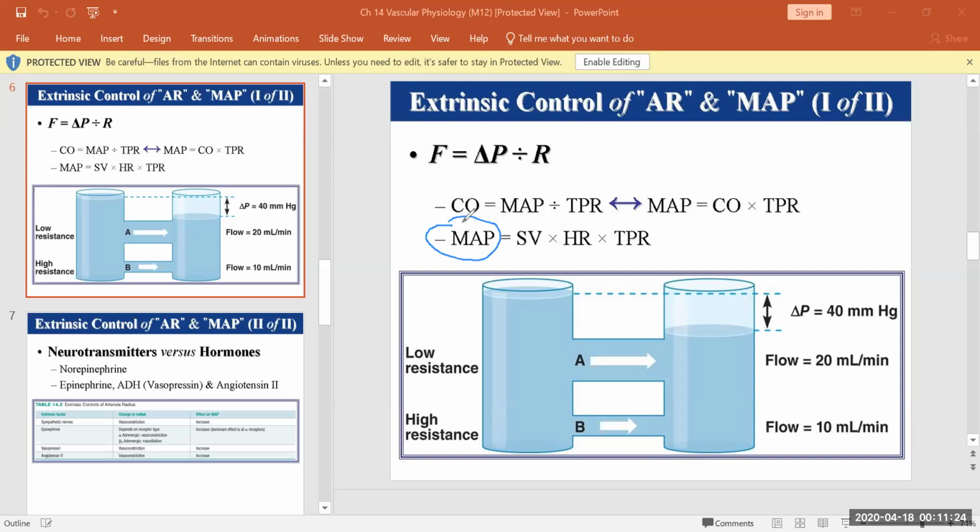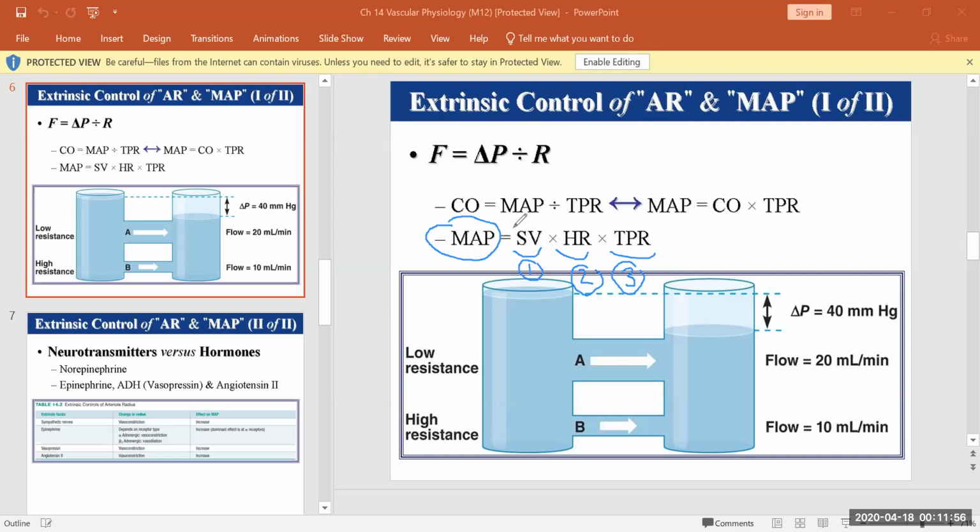So the force driving blood forward depends on three factors. Factor one and factor two you know about. Now we introduce the third factor, TPR, total peripheral resistance.